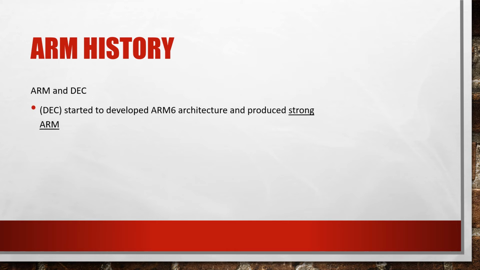Actually, DEC is also a company that started to develop the ARM version 6 architecture and produced the StrongARM. This is the one that really boosted the ARM processor during this time. In the beginning it ran at 233 megahertz.